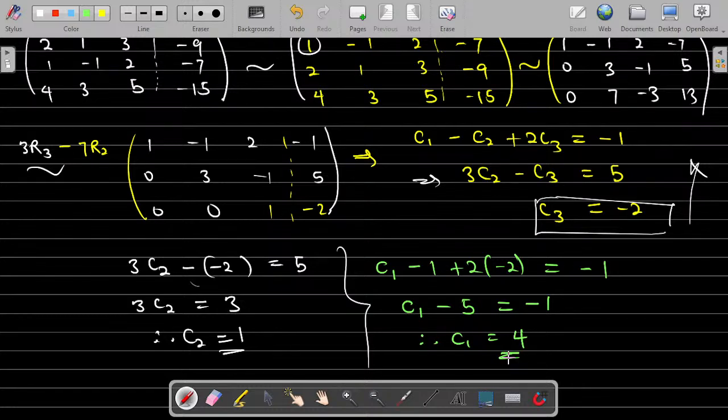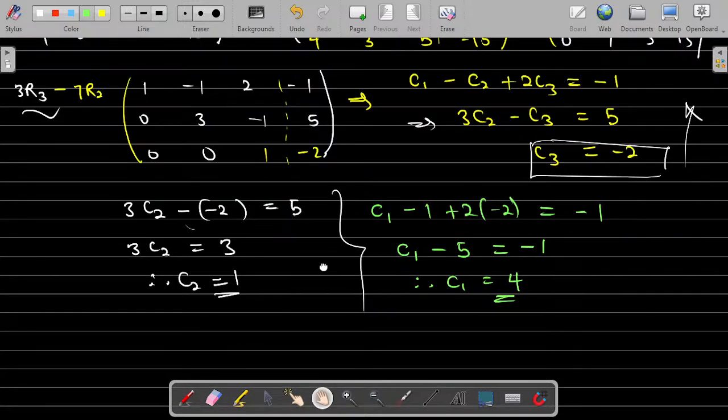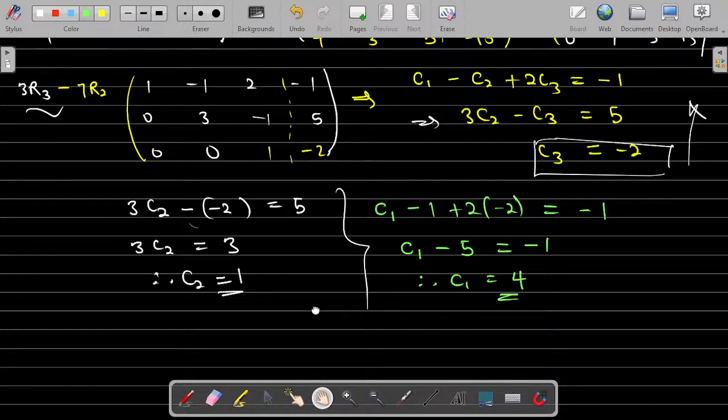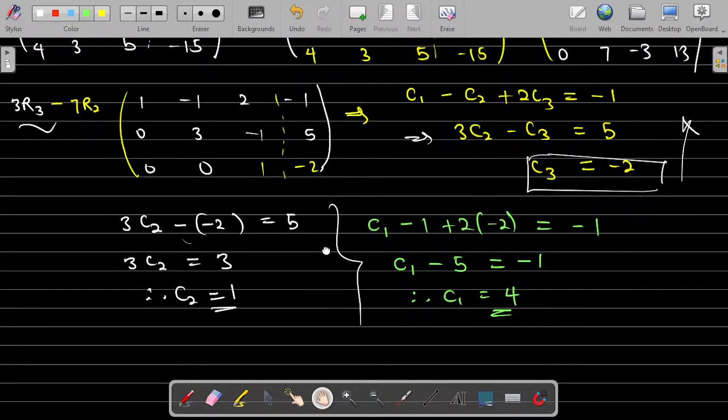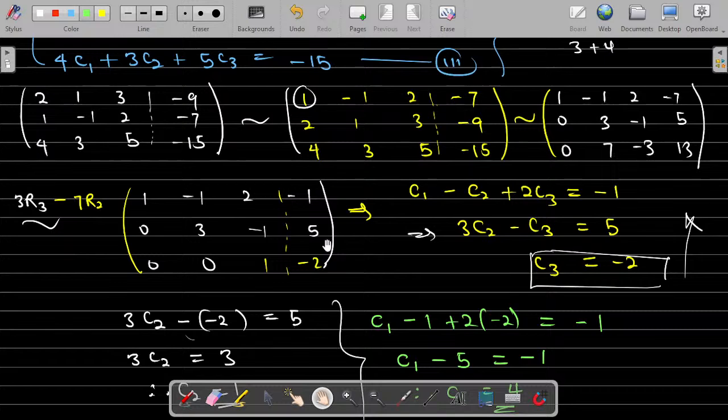Okay, so if we go up a little bit again, sorry, pay attention here. I think I made a mistake here. Okay, yeah, this thing is minus 7.